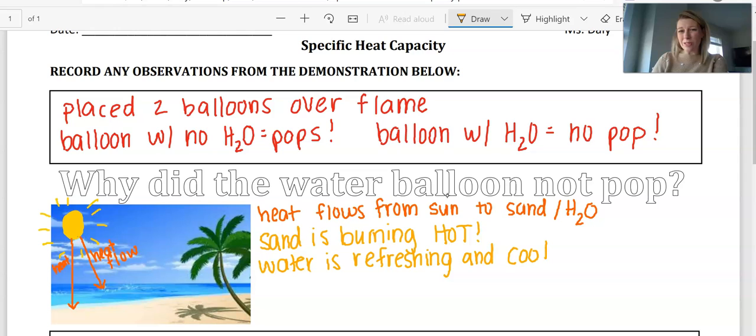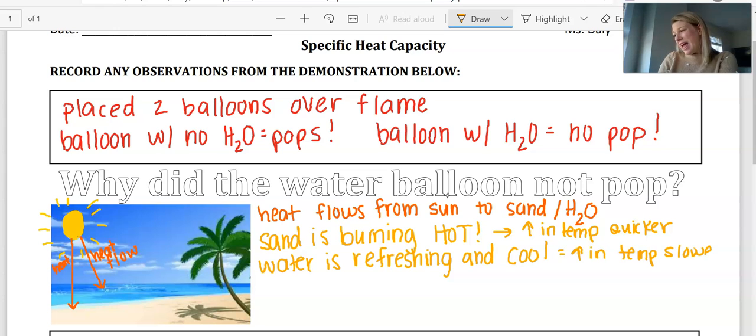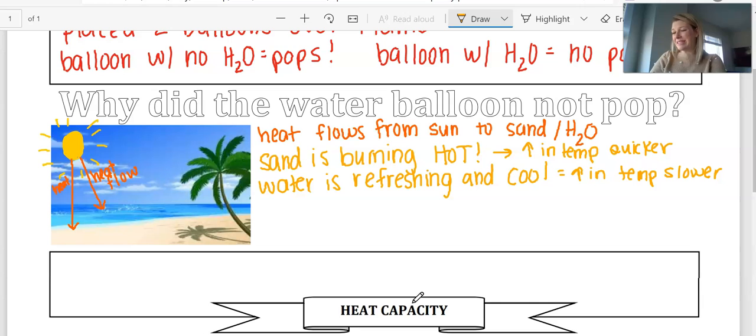But what do we notice? We notice that the sand heats up or increases in temperature much more quickly than the water, which takes longer to heat up. Okay? And so this concept is known as the heat capacity.